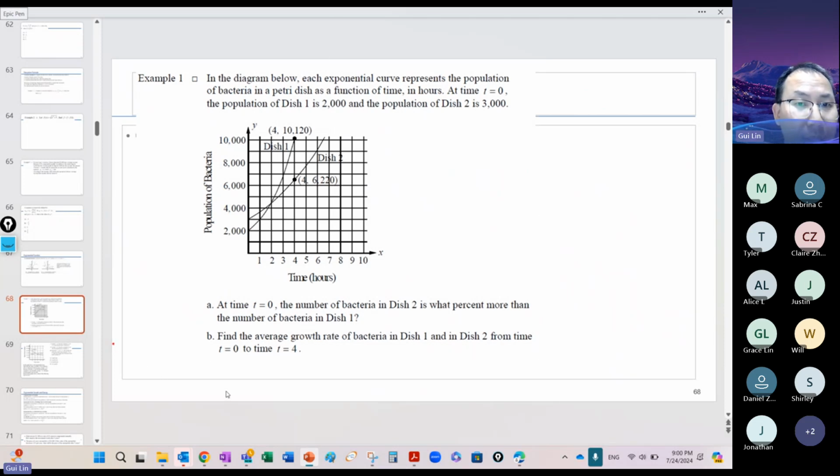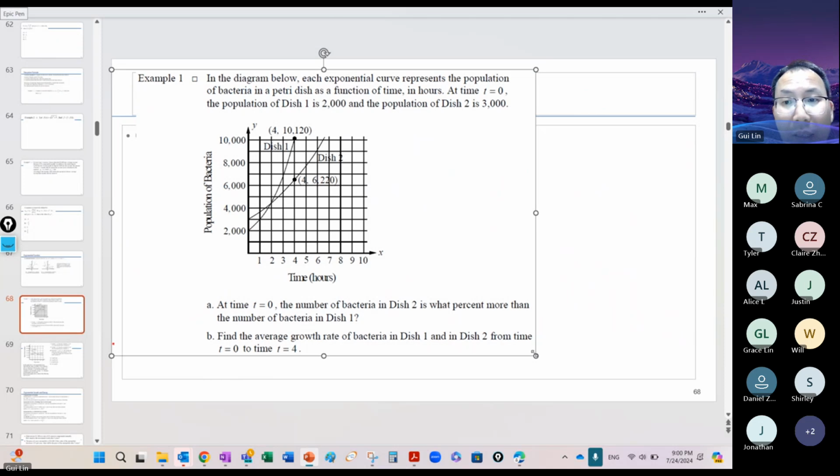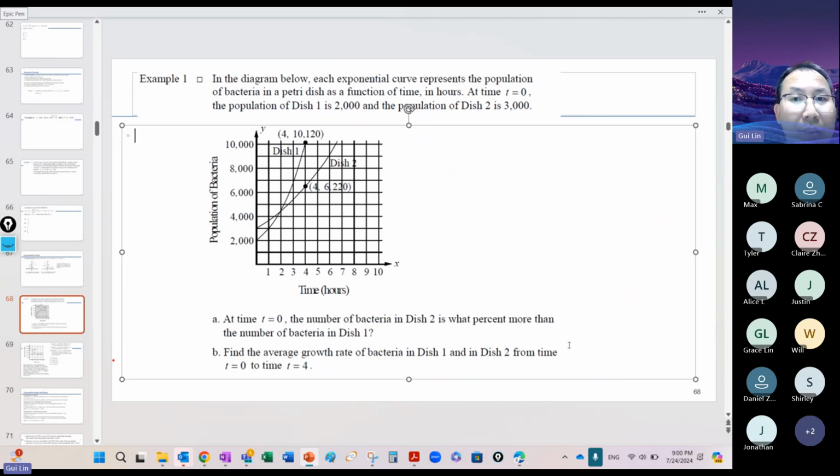Okay, so you can see here. All right, let's make it a little bigger. In the diagram below, each exponential curve represents the population of bacteria in a Petri dish as a function of time, in hours. At time t0, the population of dish 1 is 2,000 and dish 2 is 3,000.